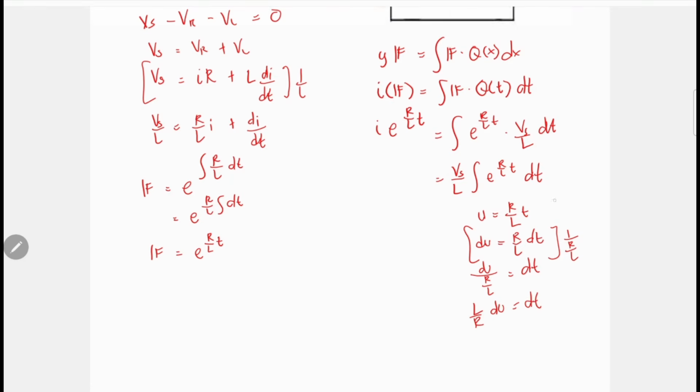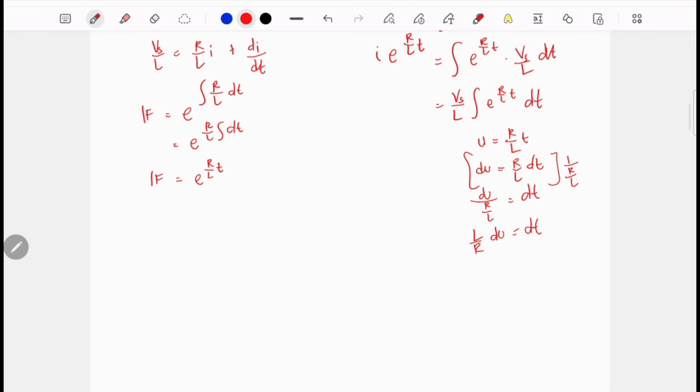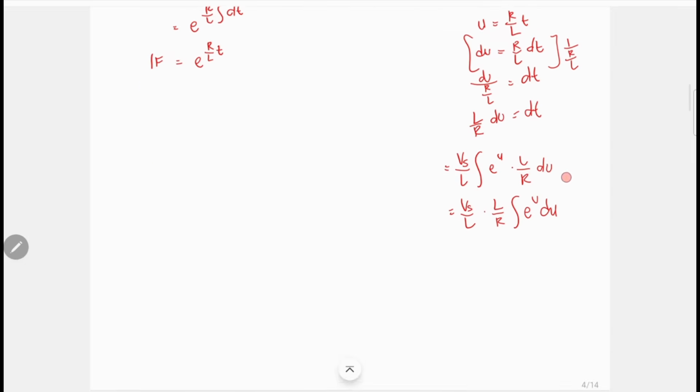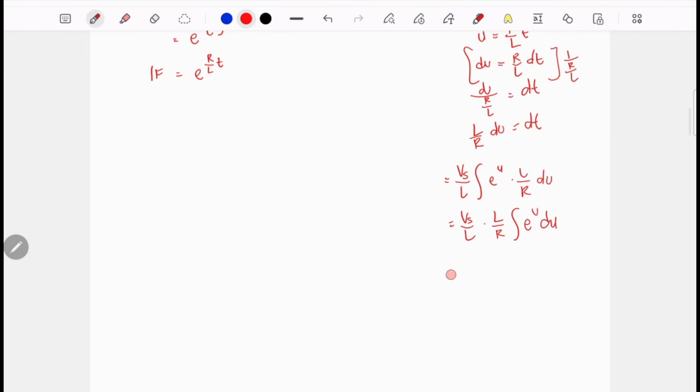So replace: V sub S over L e to the u, and dt is L over R du. Then you take out the constant, so V sub S over L times L over R integral of e to the u du. And the integral of e to the u is e to the u. L over L cancel, so we have V sub S over R.